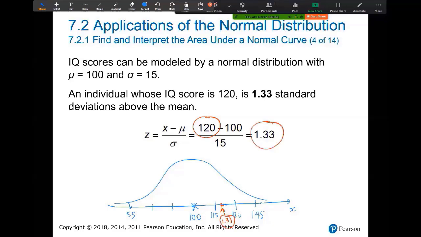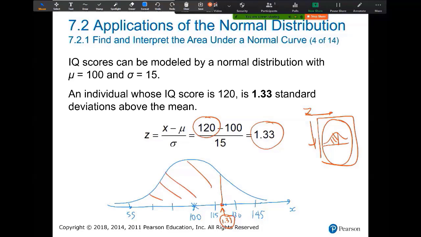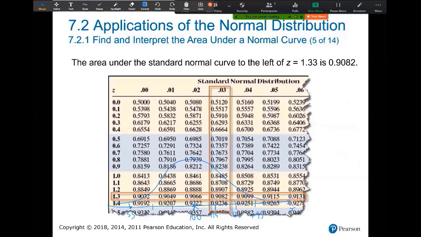The standard normal distribution, remember, works with the z-score in this row and this column, and inside is the probability to the left. Then we can find the probability that one person has an IQ score smaller than 120, or the proportion of people that have an IQ smaller than 120, in this table. How? Let's go to the table.